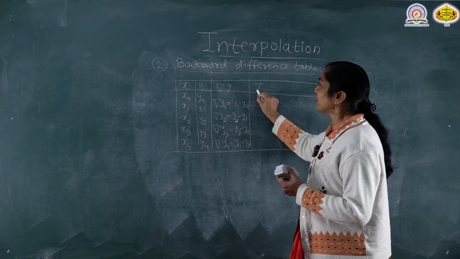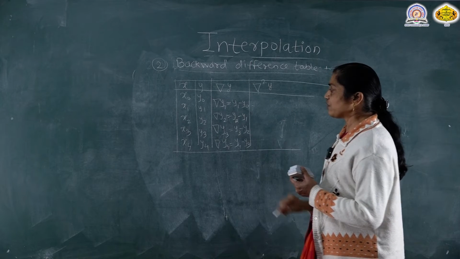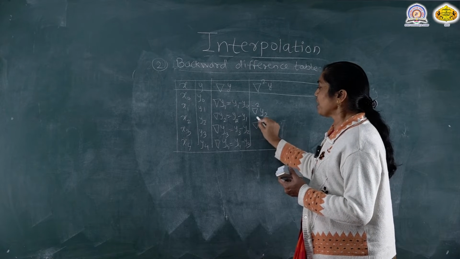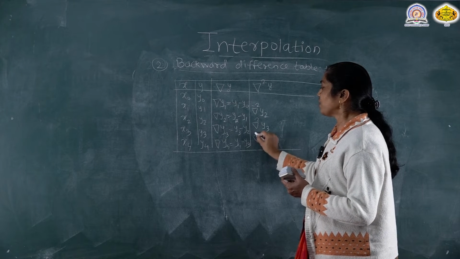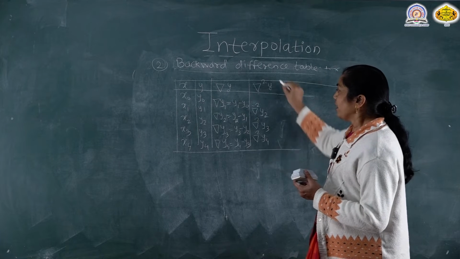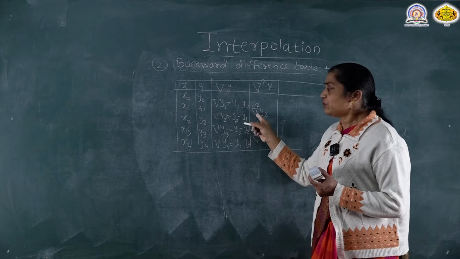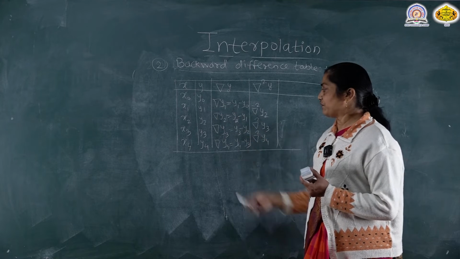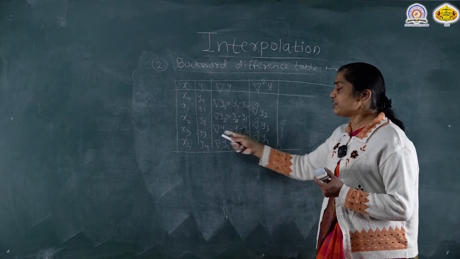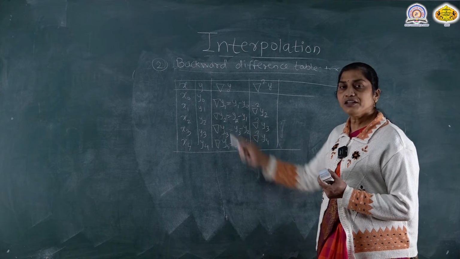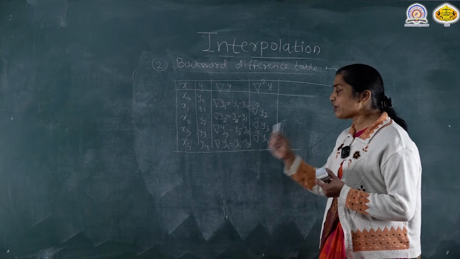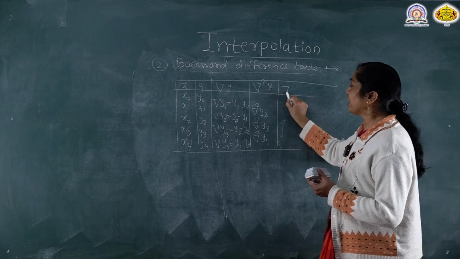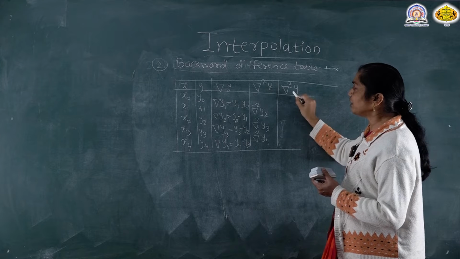We will get the second backward differences, that is del square y. So we get del square y2, del square y3 and del square y4. What is del square y2? It is obviously the difference between del y2 and del y1. So del square y3 is equal to del y3 minus del y2, and del square y4 is equal to del y4 minus del y3. We will get the next differences, that is third differences.